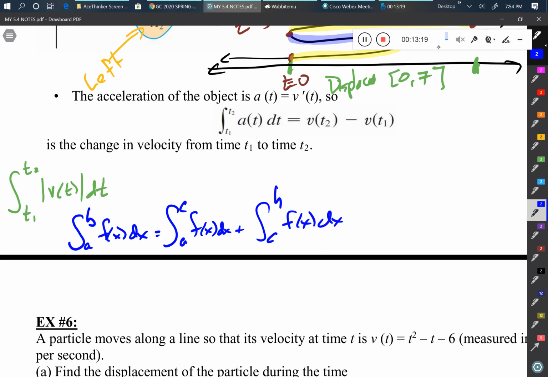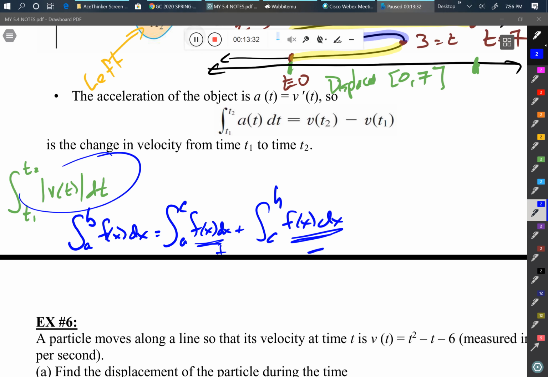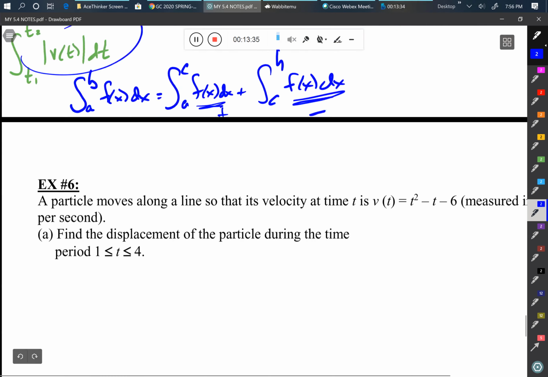So what we're going to do is rip the integral apart so that we can make some of them be the positive pieces, some of them be the negative pieces, and then we're going to be able to get rid of the absolute value by doing that.